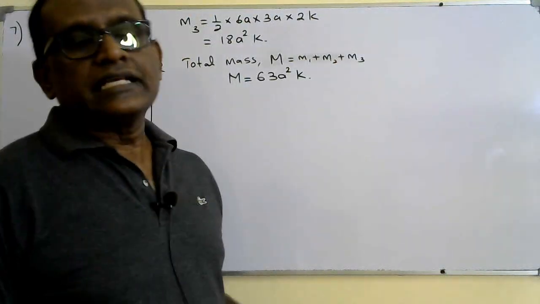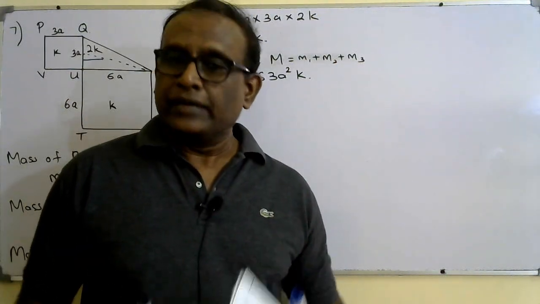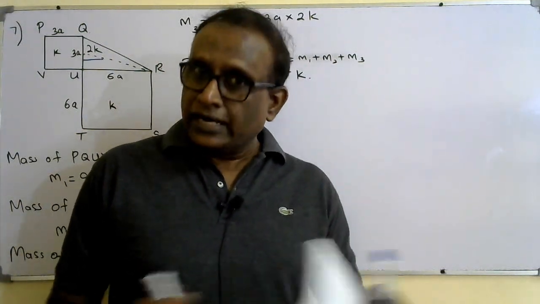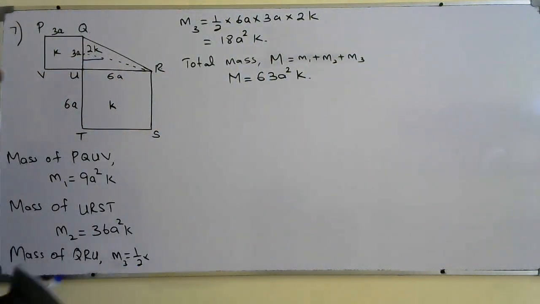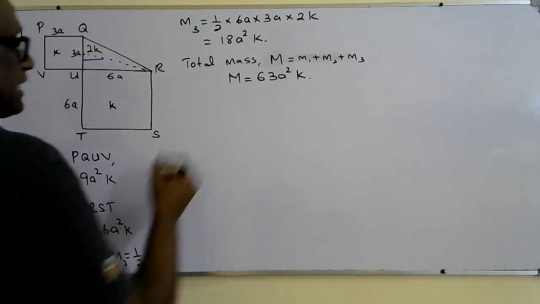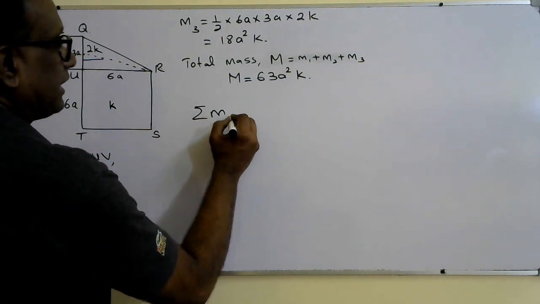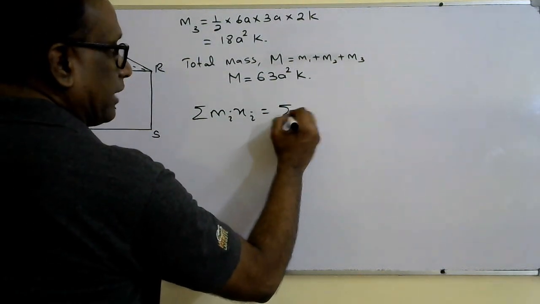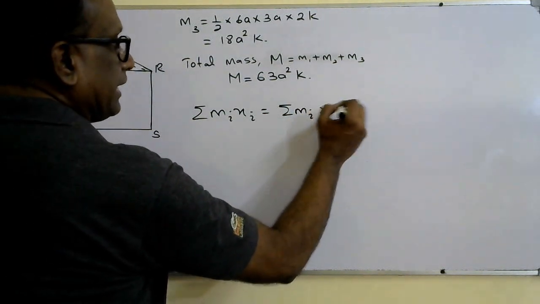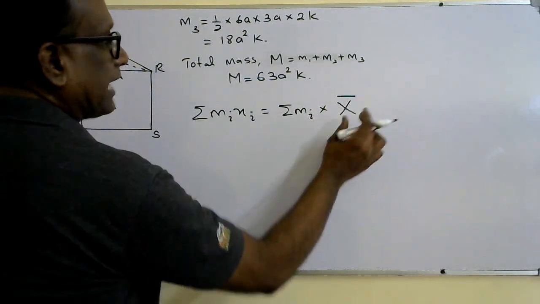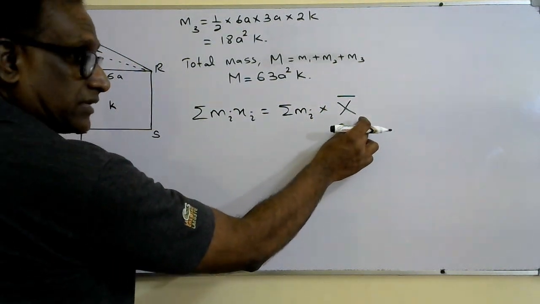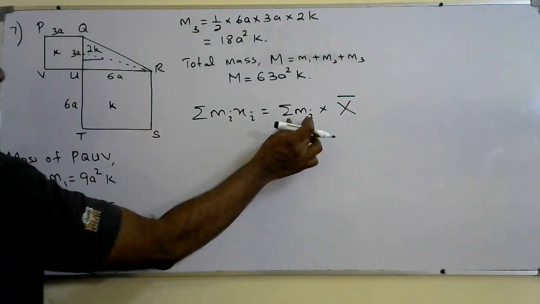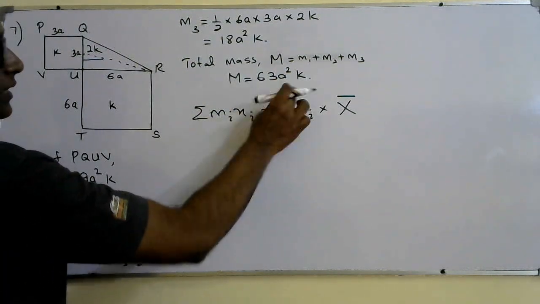We'll use sigma mi xi equals x bar into sigma mi. That is sigma mi xi is equal to total mass into x bar. X bar is the distance of the center of mass of this lamina from QT, and sigma mi is the total mass.